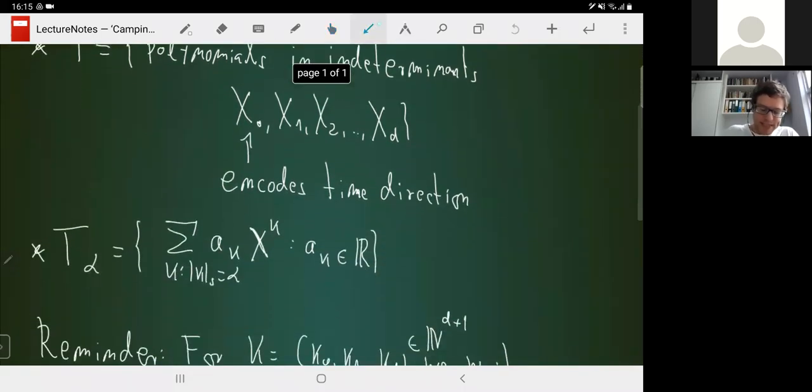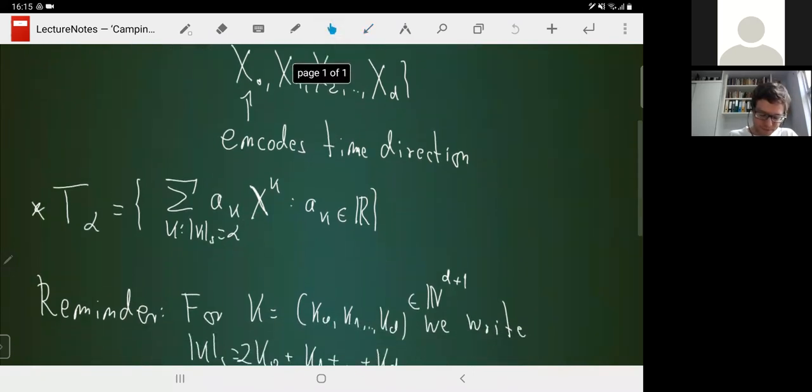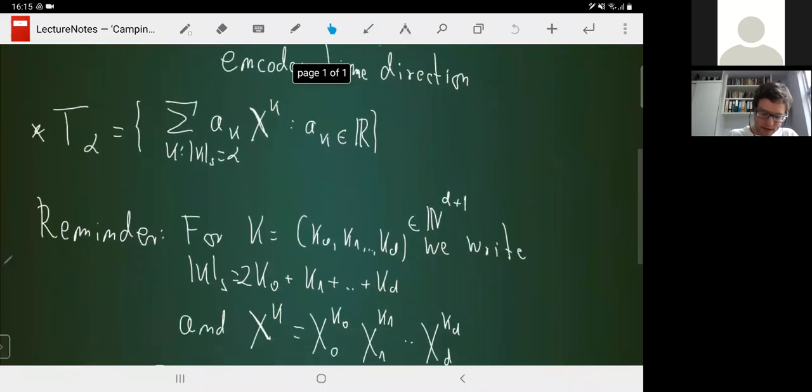T alpha are all polynomials of order alpha, meaning that the order of the multi-indices is alpha. This is the T alpha. Just as a reminder, if k is written in this form, k0, k1, k2 up to kd, then the symbol |k|s is 2 times k0 plus k1 plus k2 up to kd.